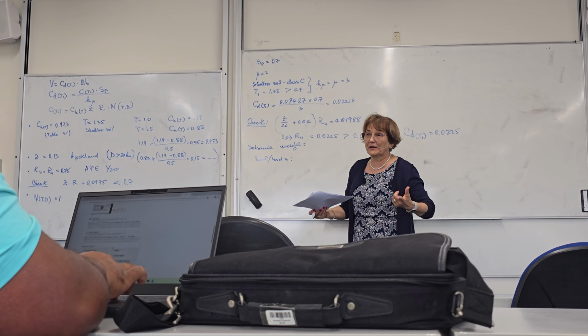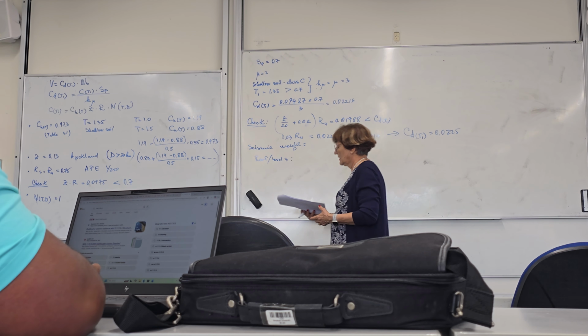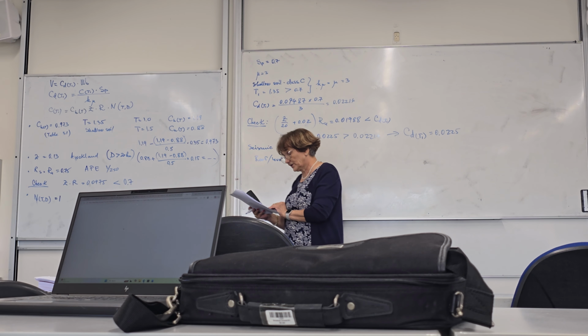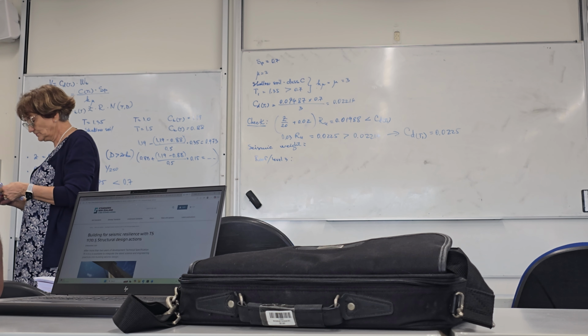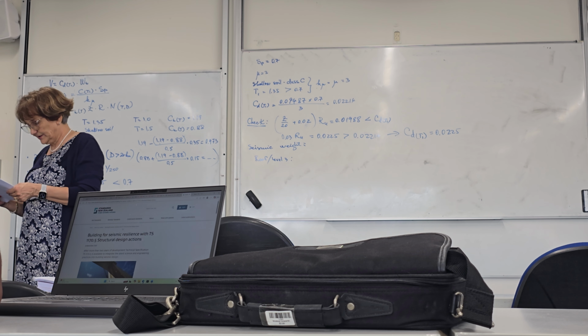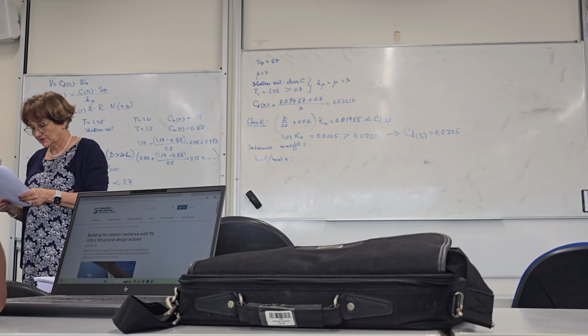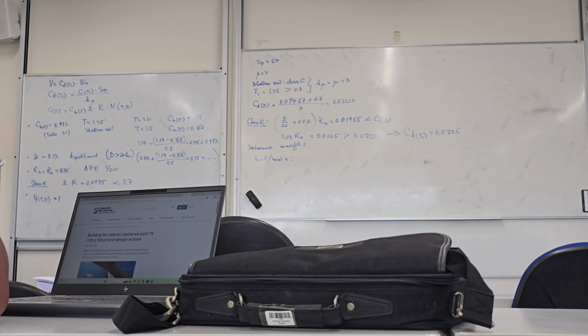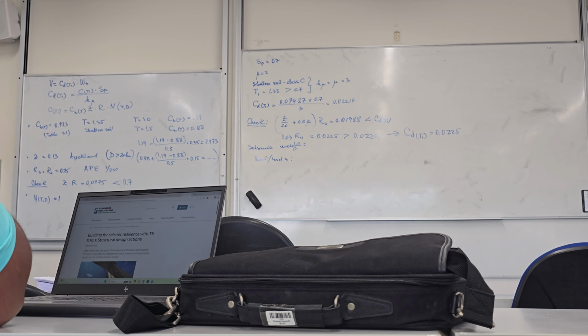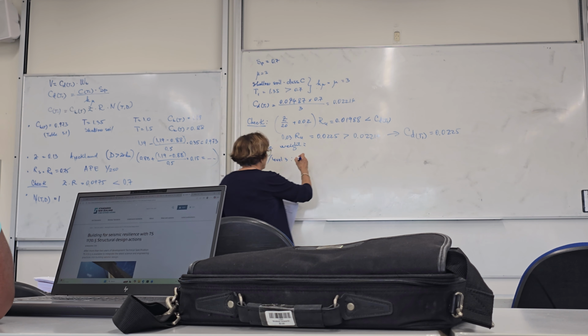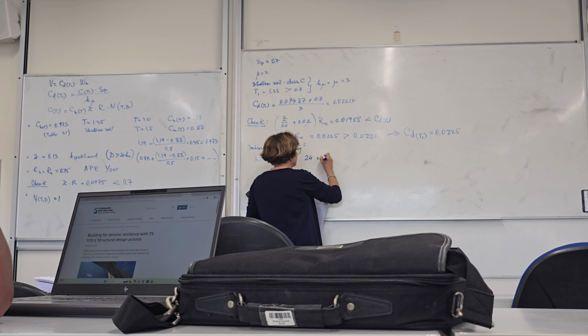Therefore, I multiply by area and calculate for the whole building. 8 times 3 is 24, and 5 times 6 is 30, which means 24 times 30.